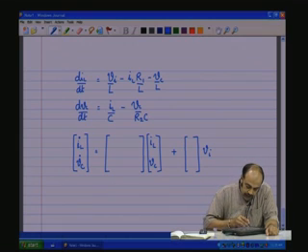So, IL dot equals IL is multiplied by minus R1 by L, minus 1 by L into Vc.